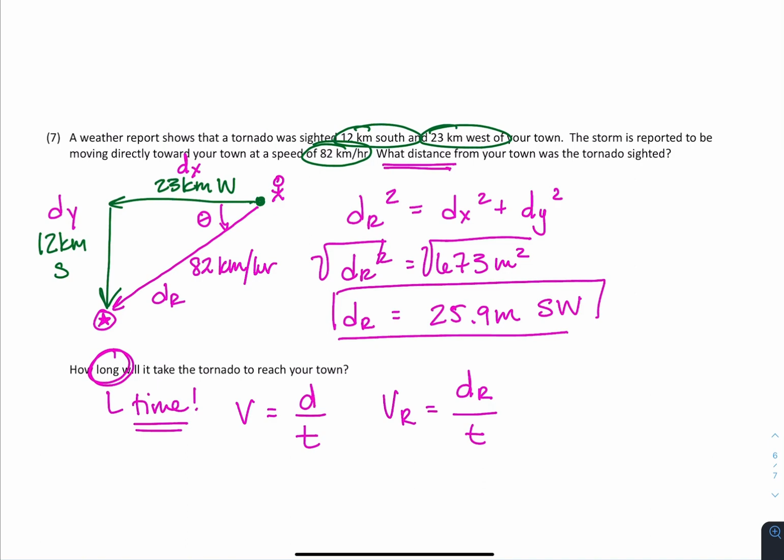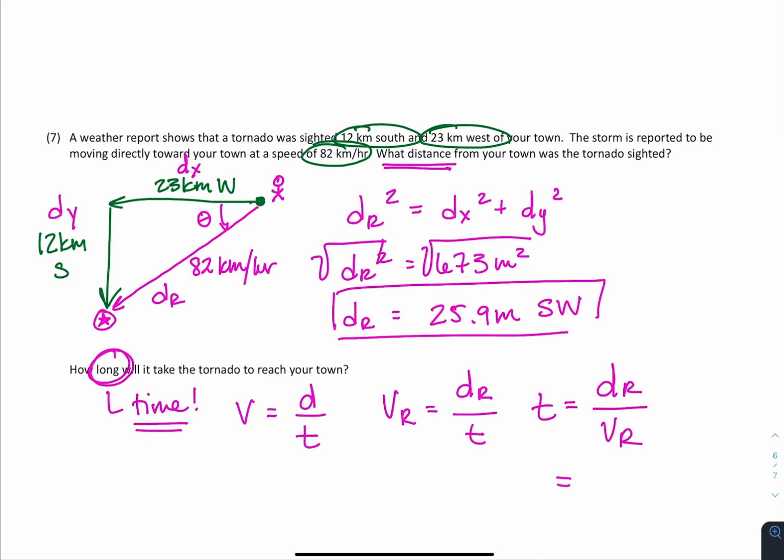This is important because you need to match your velocity and distance values on your triangle. You have to use either the resultant for both, or the x component for both, or the y component for both. For this, I don't know the x and y components of the velocity, so I'm going to use the resultant distance. Time is going to be equal to the distance divided by the velocity.